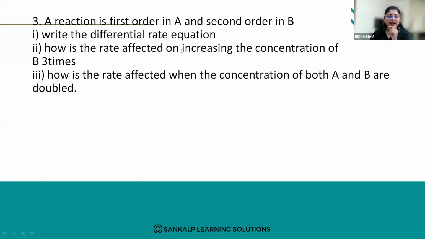Second one, how is the rate affected on increasing the concentration of B 3 times? And how is the rate affected when the concentration of both A and B are doubled? Okay, so 3 questions are asked.